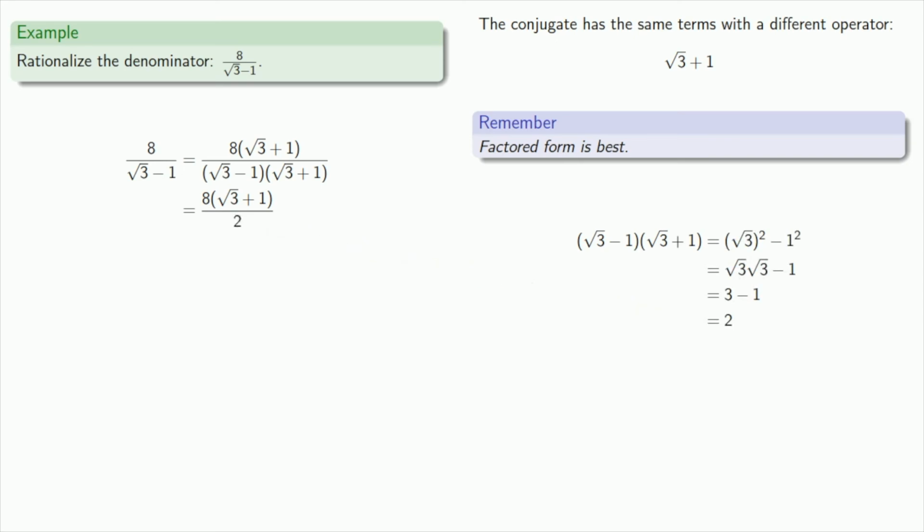We can simplify the fraction by removing common factors, and again, the only thing that really matters is whether the numerator also has a factor of 2, and it does. We'll remove the common factor, giving us our final answer. And because factored form is best, we'll leave this in this form and not multiply it out.